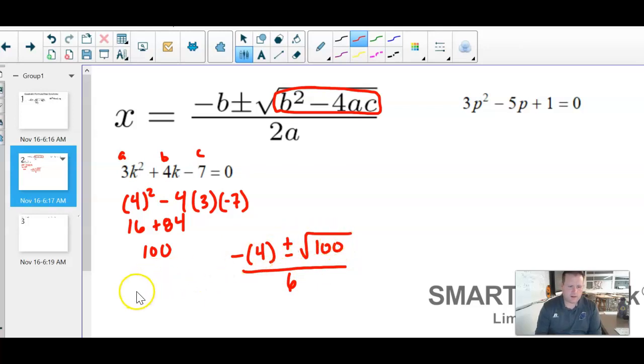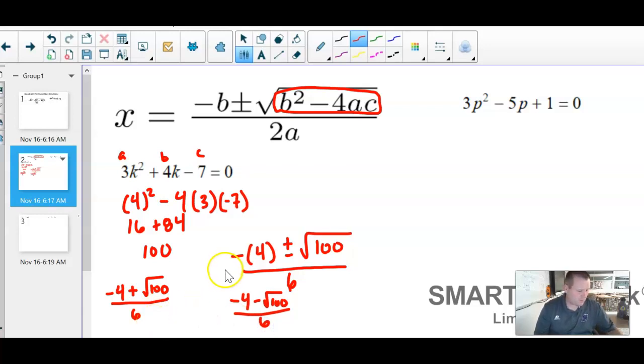So again, I don't do this every time, but this is negative 4 plus the square root of 100, which is 10, and divide it by 6. And then the other one I want to do is negative 4 minus the square root of 100 divided by 6. And those are going to give me my two different solutions when it's all said and done.